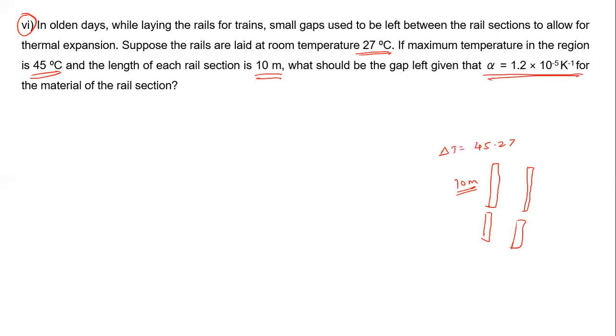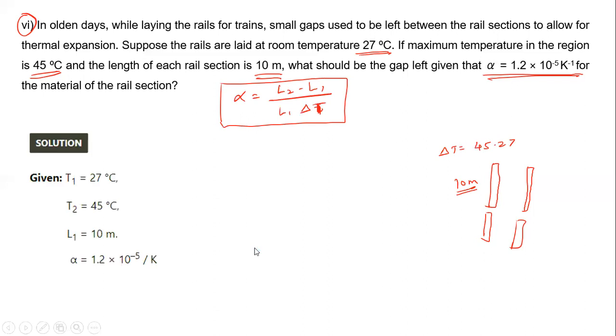So you have to use the formula of alpha: L2 minus L1 divided by L1 into rise in temperature, we can use delta T or delta capital T. So this is the formula, and this formula we have to use. So here, temperature 1 is 27, temperature 2 is 45, length 1 is 10 meter, alpha is this, and we have to find out the change in length.